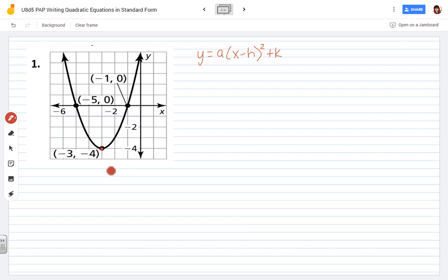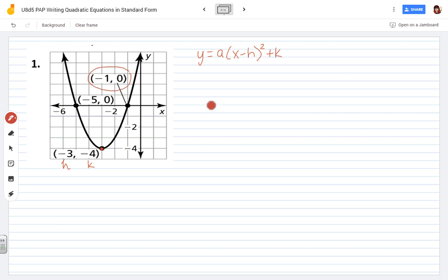That's k, right there. It also tells us that we moved to the left by 3. That is h. Okay? Then for x and y, because we're going to plug in what we know and solve for what we don't, simply pick any other point that lies on the parabola. I'm going to choose this one because I think it's easier.